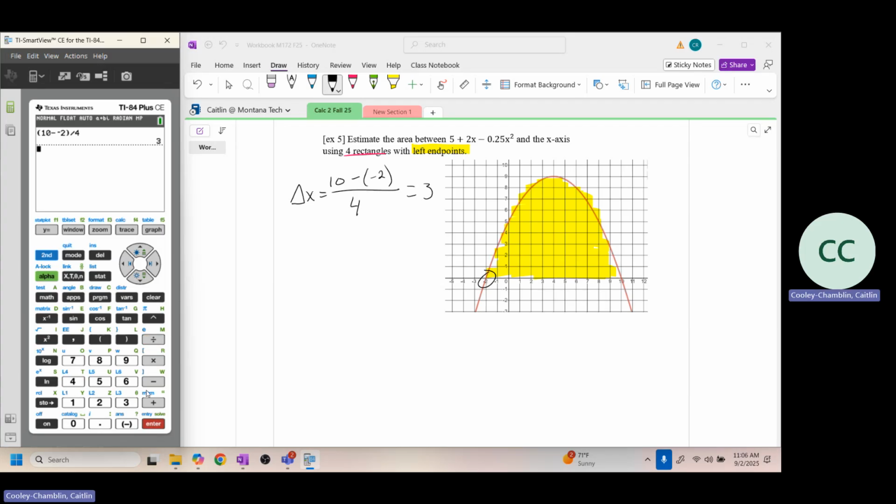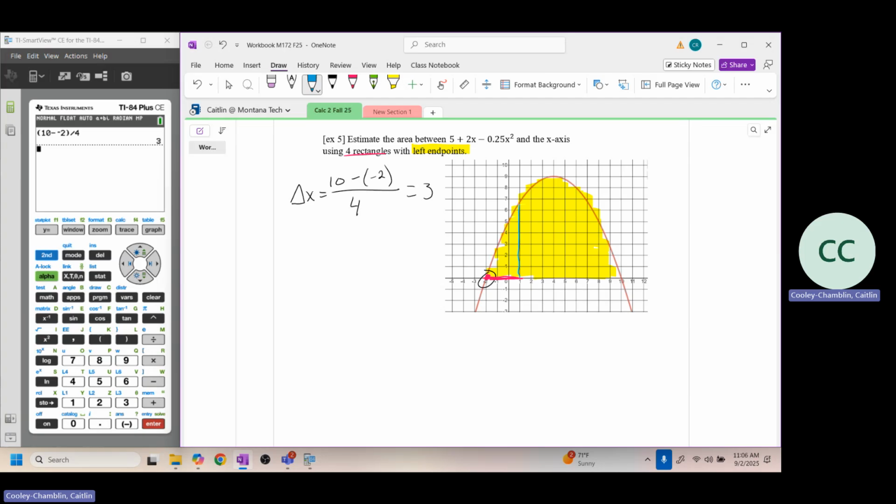Okay, so I'm going to start at negative 2, and I'm going to draw over 3. 1, 2, 3, and that is my first rectangle. My next rectangle, I'm going to start at 1.